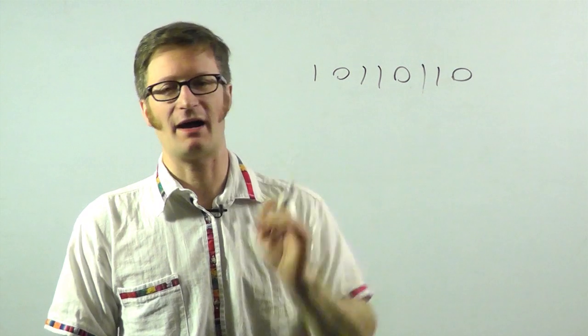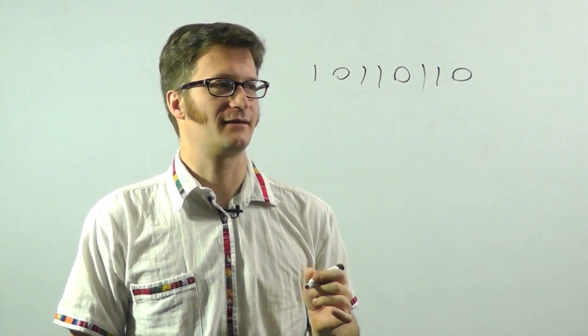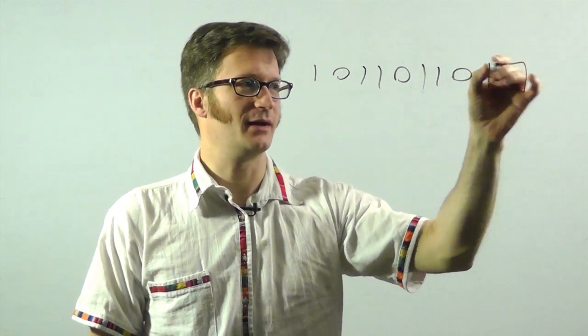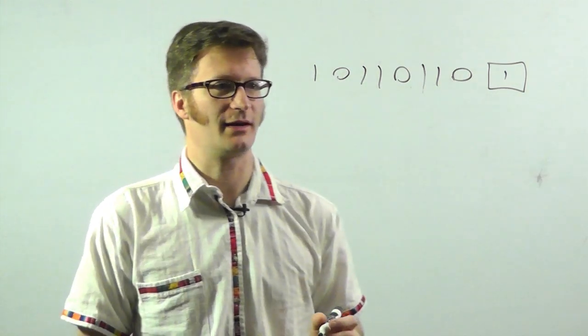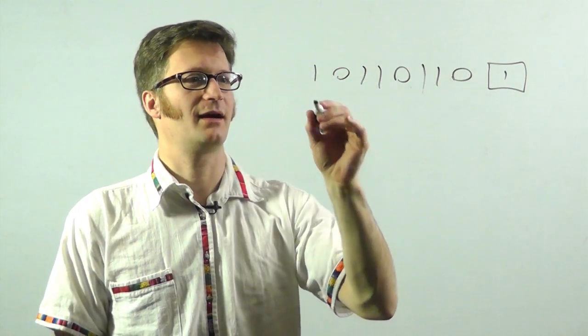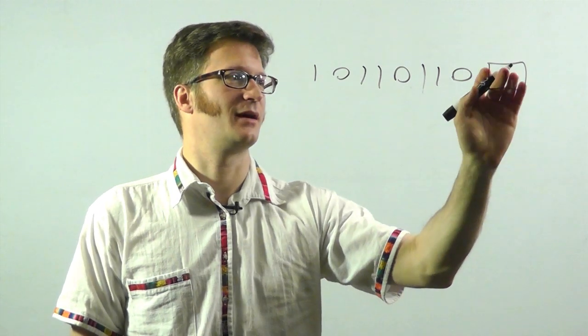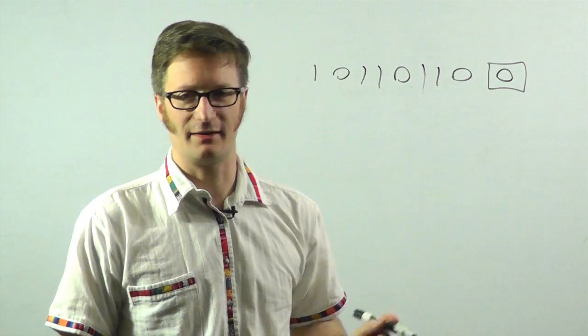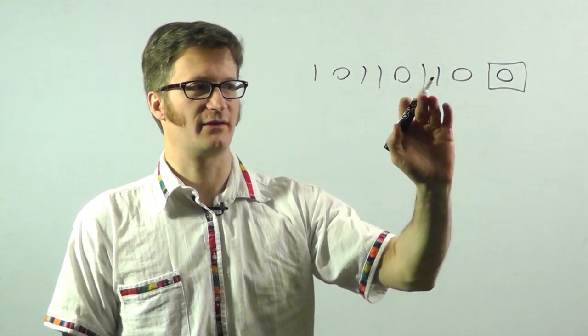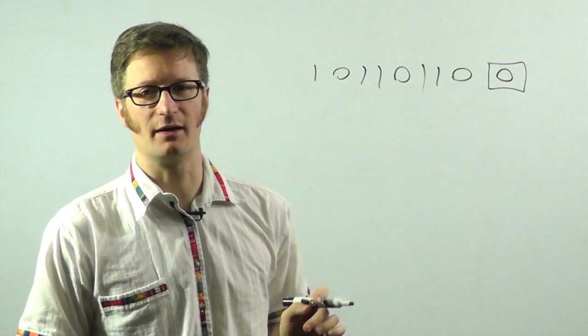In this case we have 5 ones, and so if we have a parity bit, it needs to be a 1 as well to make it even parity. If I have the same number and I'm using odd parity, then I'll make it a 0, because that ensures that the number of ones is an odd number.